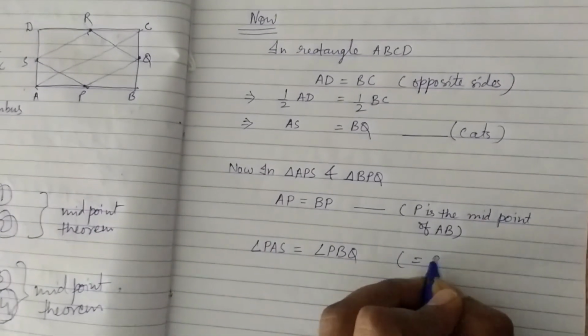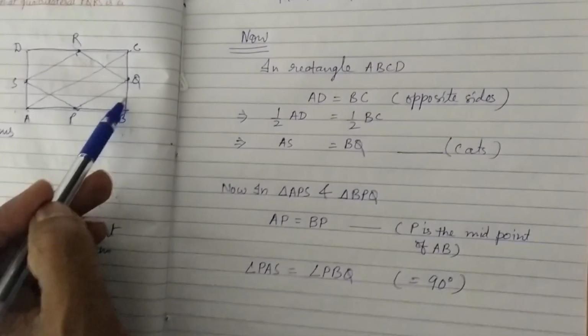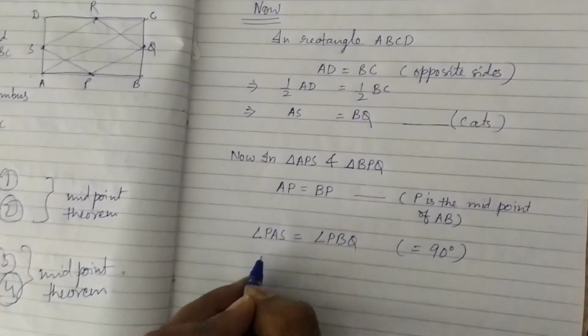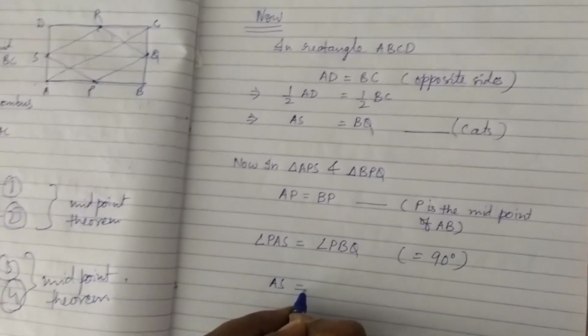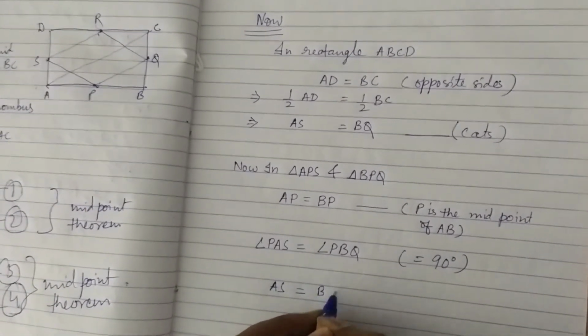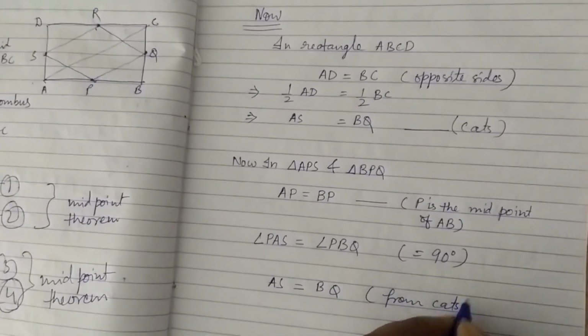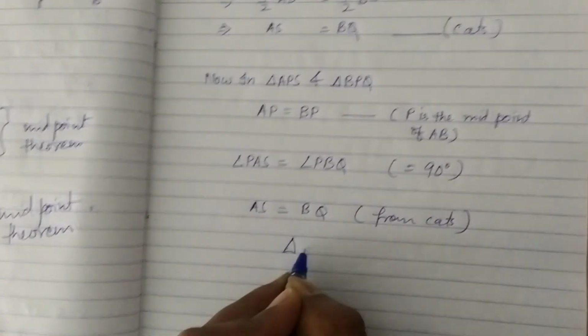Each of that equals 90 degrees. It is a rectangle, so they will form the same angle, 90 degrees. And AS is equal to BQ from CPCT. So what can you write?